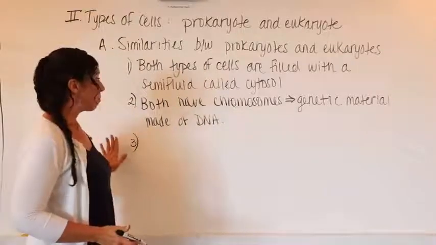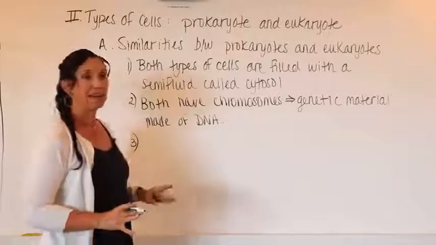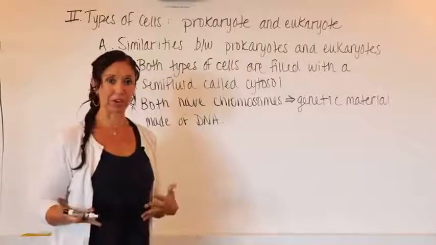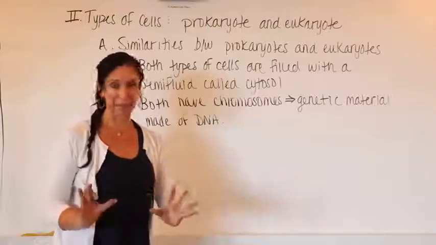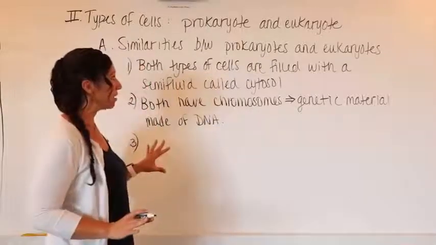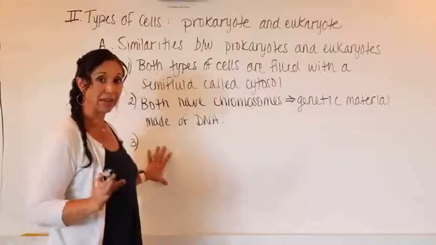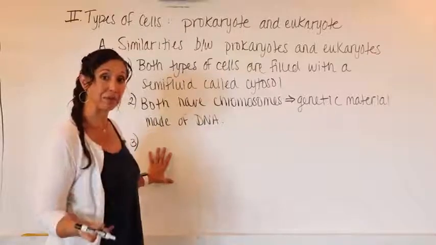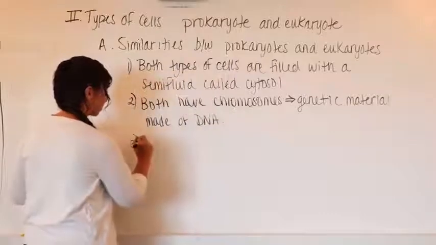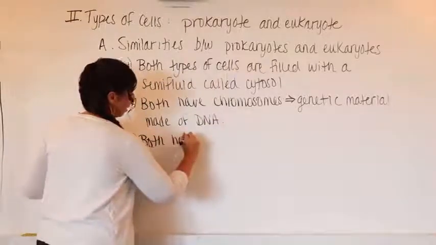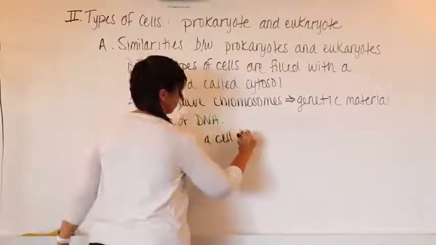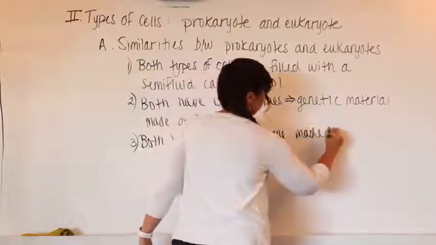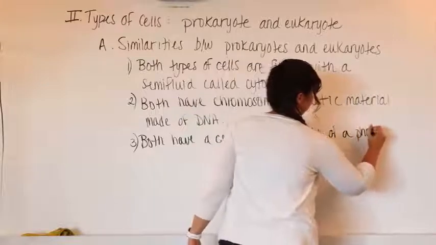And lastly, both types of cells have a cell membrane, also called a plasma membrane. So if you ever hear cell membrane, plasma membrane, same thing. And in both cases, the cell membrane is made of exactly what we learned about the last couple sections. It's a phospholipid bilayer. So both have a cell membrane made of a phospholipid bilayer.